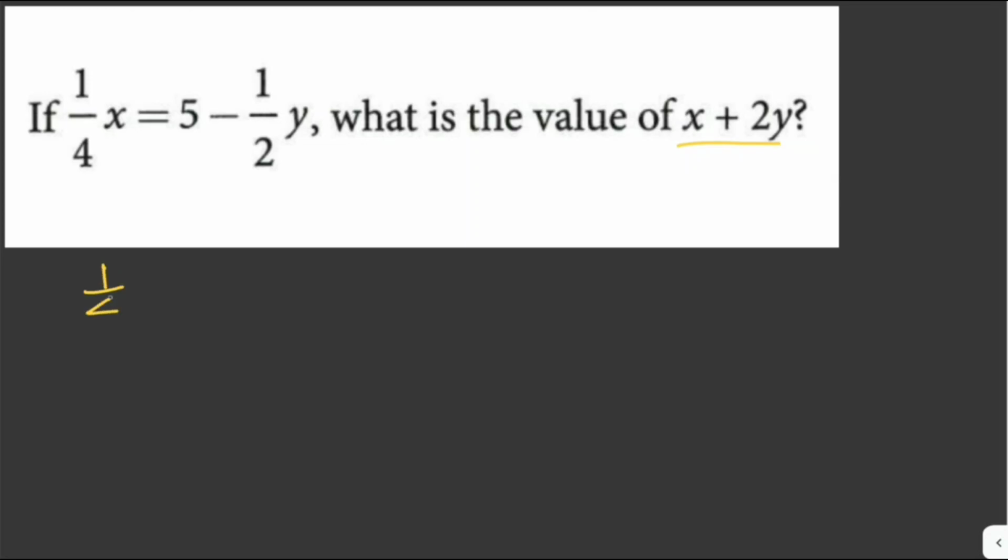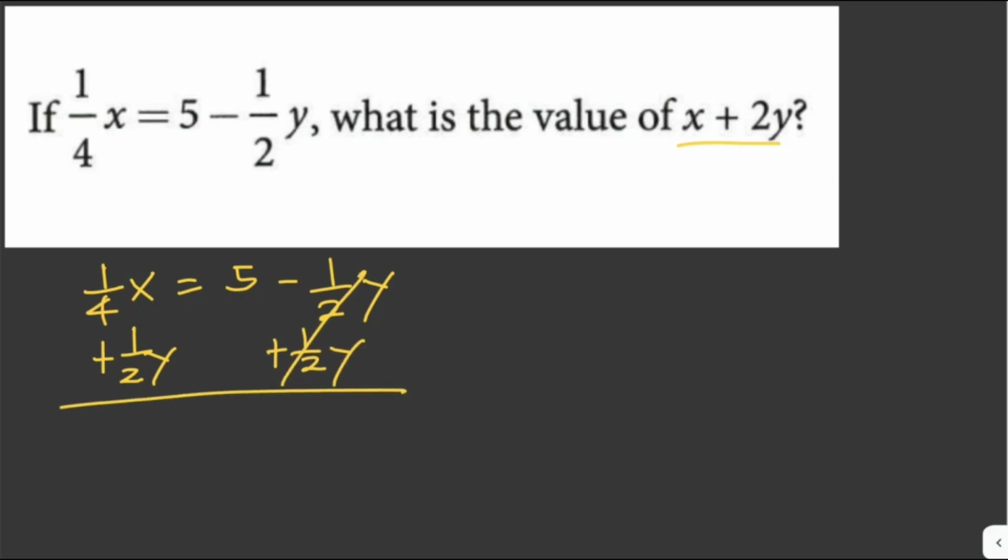We add 1/2 y to both sides. So this cancels out. So we have 1/4 x plus 1/2 y equals 5.